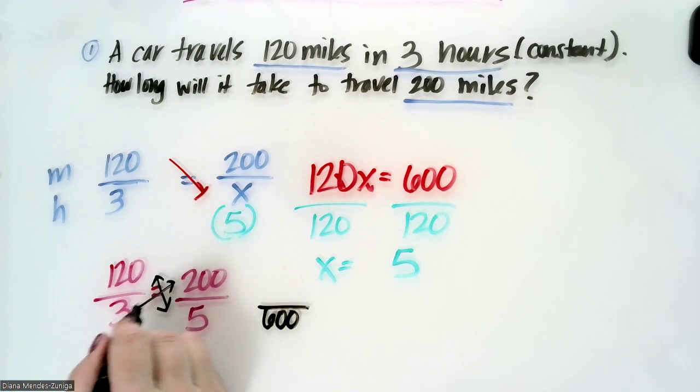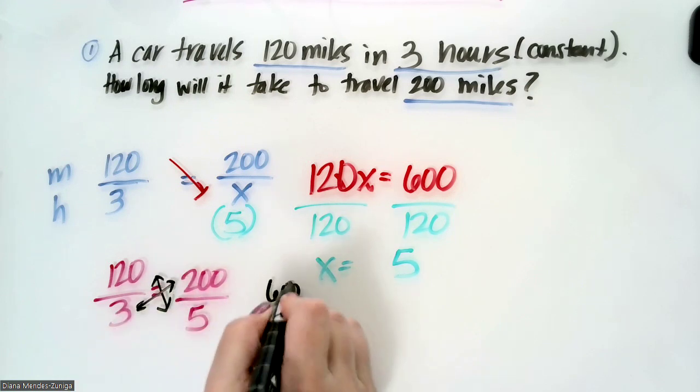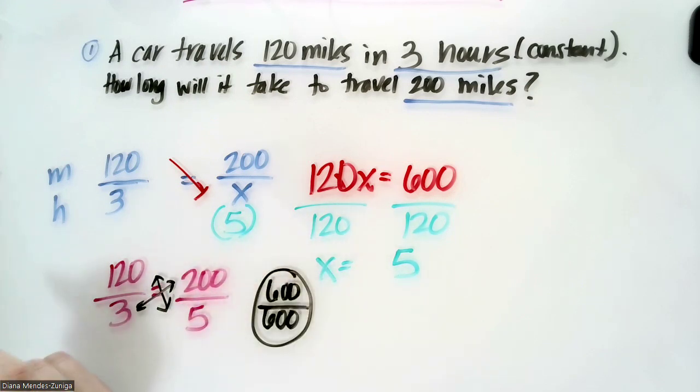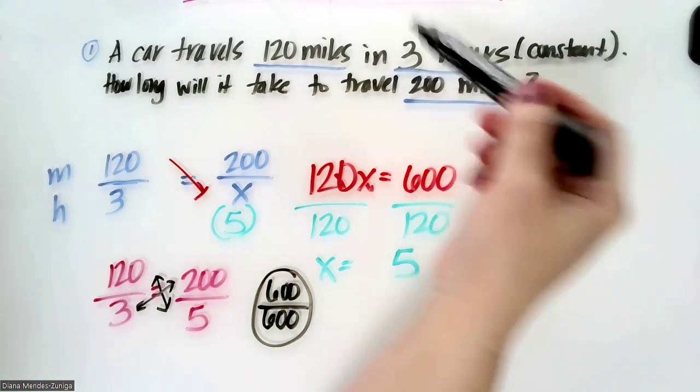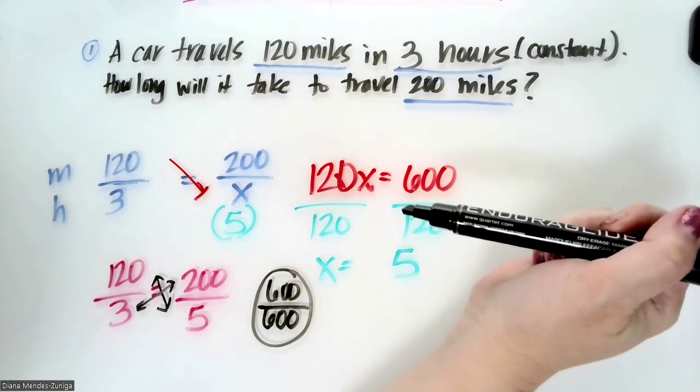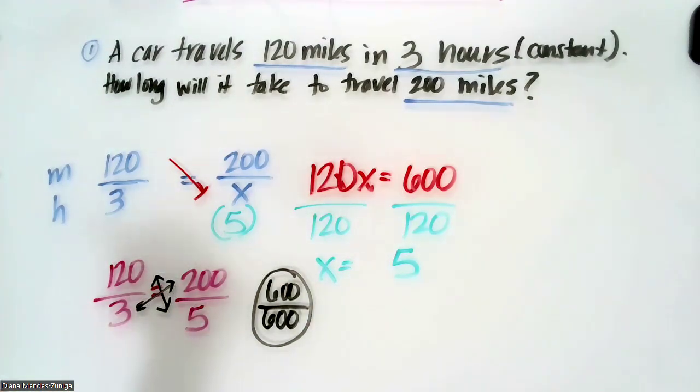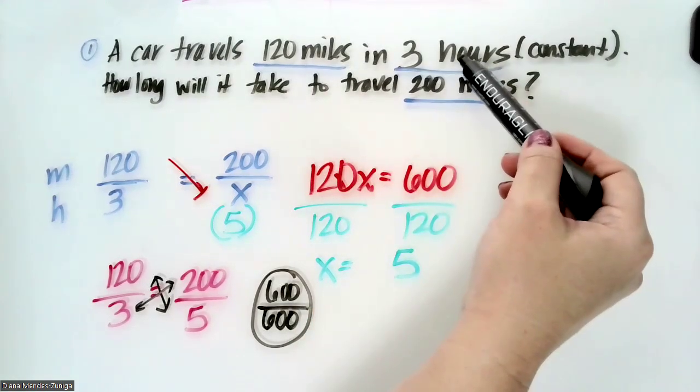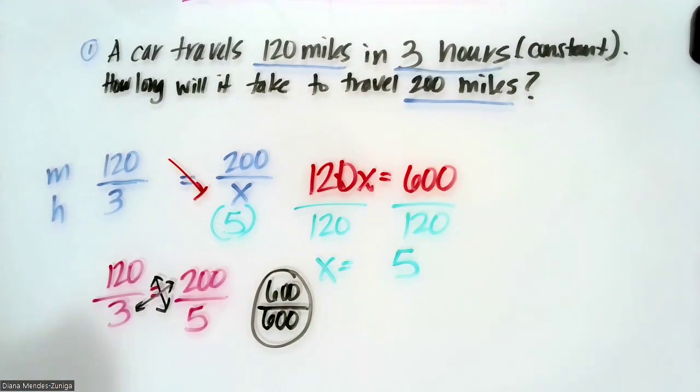And this to this, and that's going to give me 600. So this is proportional. So remember, they're going to give you 3 out of the 4 of the numbers that we're going to need. We're going to be missing the 4th section of that. So for this particular problem, we had 120 miles to 3 hours, and then we had the 200 miles.